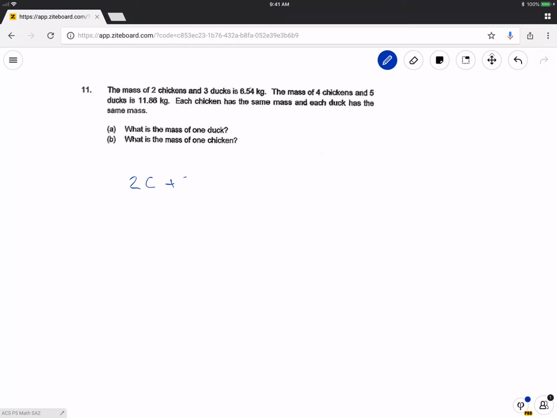So 2C plus 3D equals 6.54. 4C plus 5D equals 11.86. So when we need to solve that, okay, let me write down heuristics, units and parts, right? So once I know it's heuristic, units and parts, it's actually not too difficult to solve.